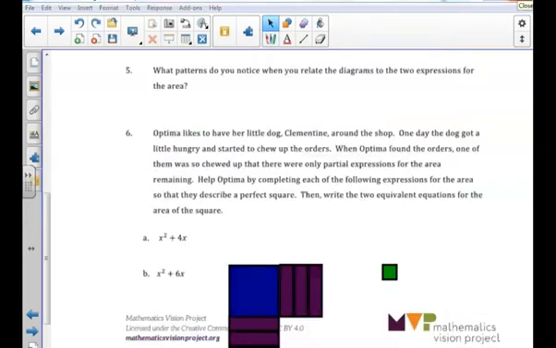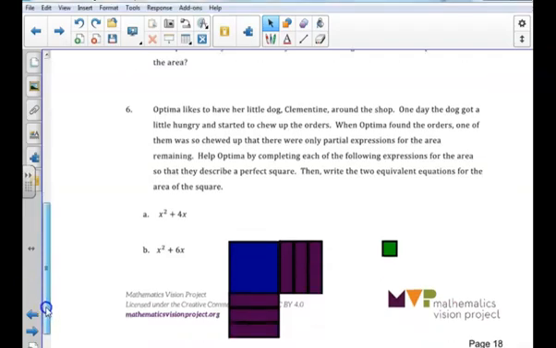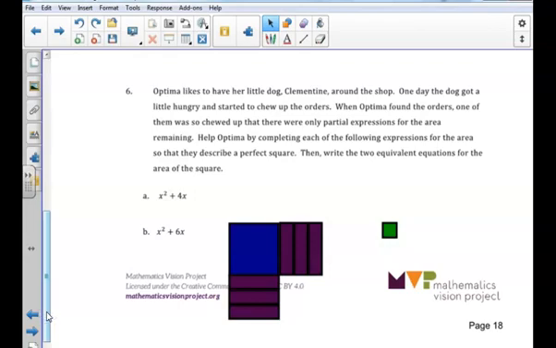In 6, we are told that Clementine the dog ate up part of the quilt orders, and we are asked to determine the missing value of each expression that would find the appropriate area to create a perfect square. So we are trying to find these missing values on the end of the orders. If we take a look at the expression in 6b, we can see that we would need to add 9 green squares to make a perfect square.